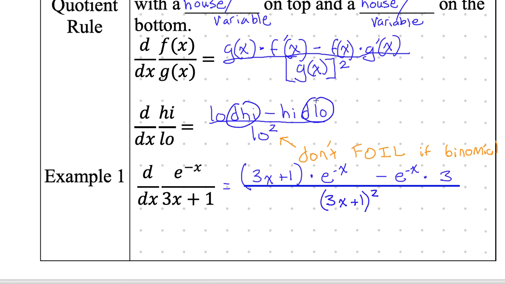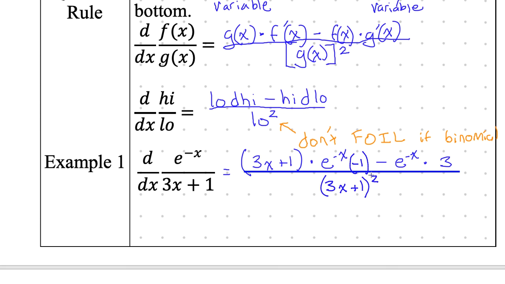Where? Yeah, you're correct. Why? Yep. Inner derivative is -1 because inner was -x.